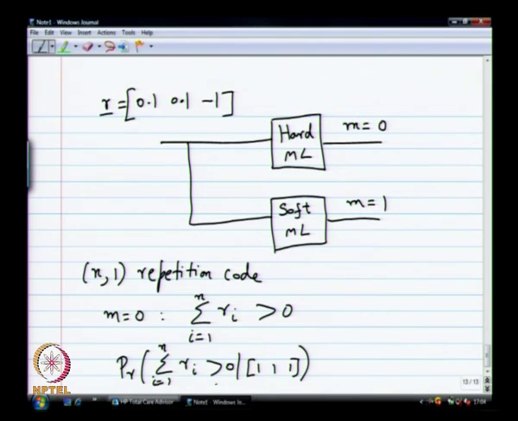But remember, it is conditional on the fact that I sent 1 1 1. So if you sent 1 1 1, the summation Ri is simply normal with mean 3 and variance 3 sigma square. Is that okay?